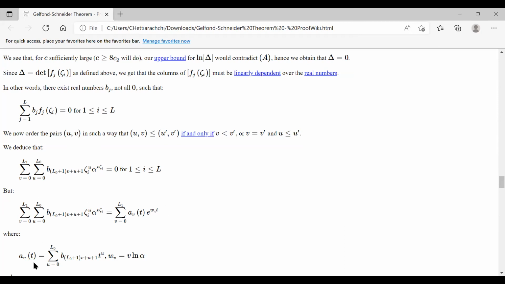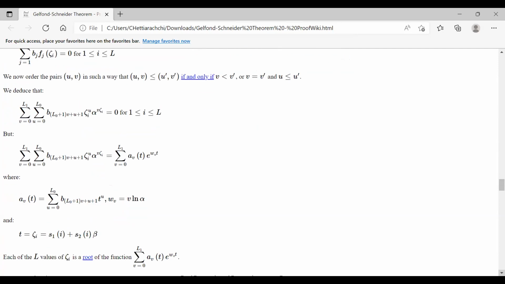So A_v(t) will be multiplying all the numbers. So u goes from 0 to L0, b_{(L0+1)v+u+1} times, and the rest will be t to the u, and here w_v is v log alpha, which will produce this one, alpha to the power this one.